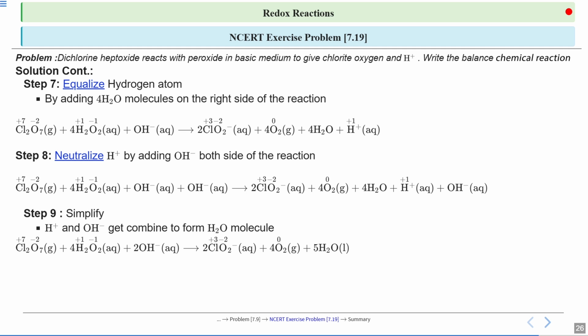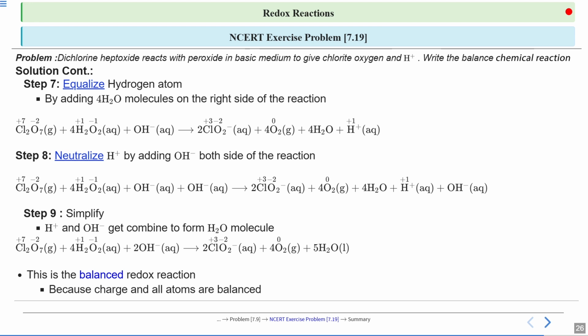In this, Cl2O7 is present in gaseous form, while H2O2 and OH⁻ are in aqueous form, O2 is in gaseous form, and water is in liquid form. So this reaction would turn out to be the final redox reaction.